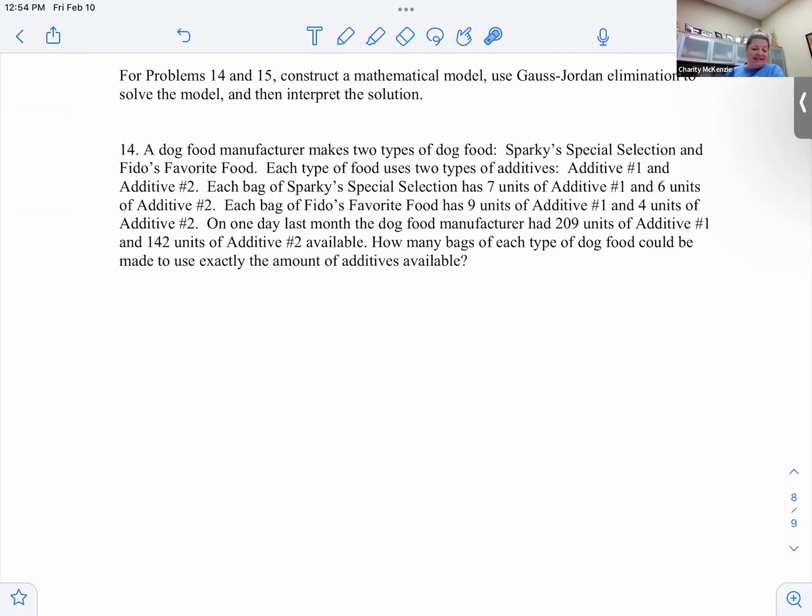Okay, so think of this in terms of, oh, where's that cool chart that I came up with? So think of this in terms of, we have Fidos and we have Sparkies, and then we have our additive.